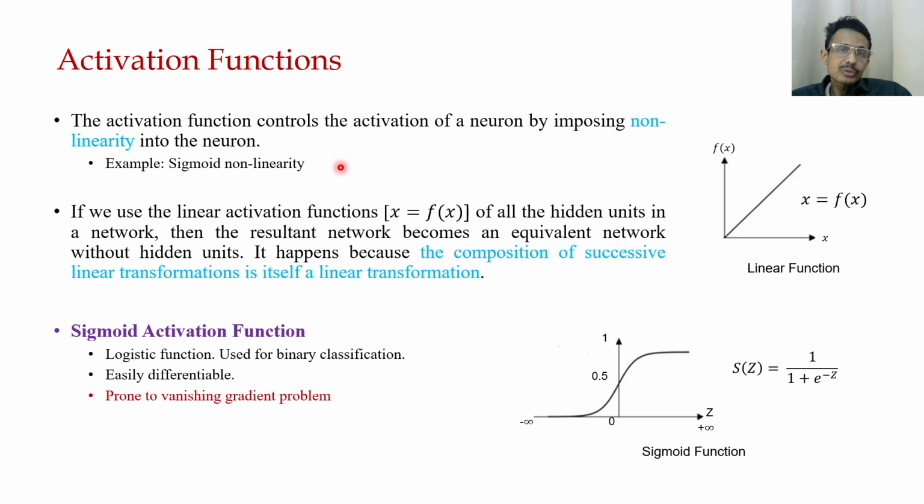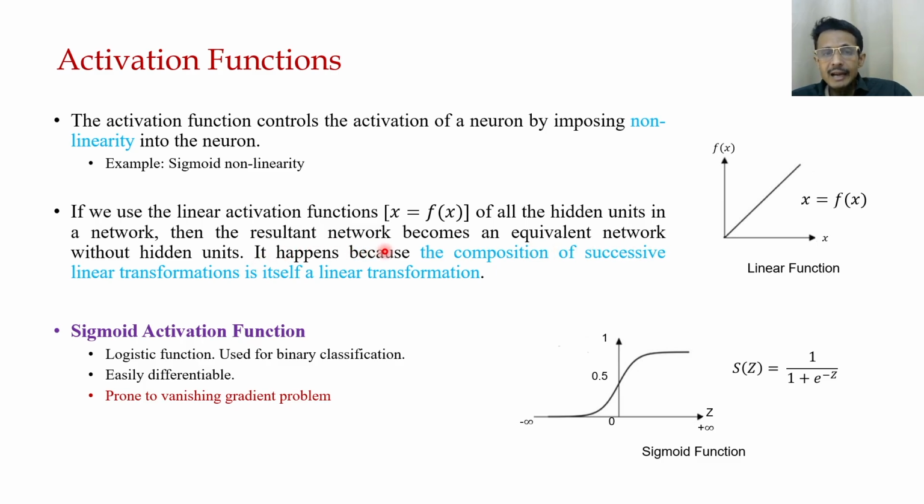Now this is the most important thing: the activation function. The activation function imposes non-linearity on the neurons. Why is non-linearity required? If we use linear activation functions, like f(x) = x, for all hidden units in the network, the resultant network becomes equivalent to a network without hidden units.